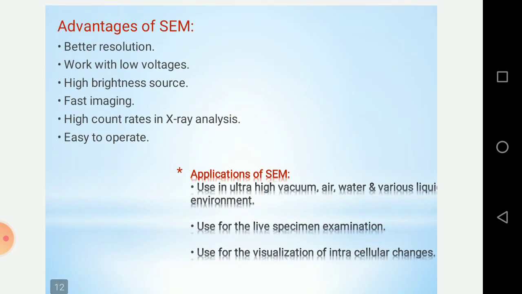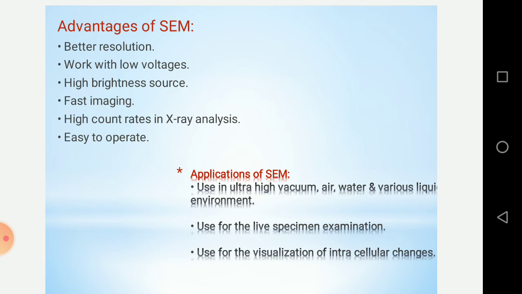We will see certain advantages and applications of the scanning electron microscope. First, the advantages of the scanning electron microscope, that is better resolution. As compared to the light microscope or transmission electron microscope, it gives a slightly better resolution, and we can observe a clear image of higher resolution.